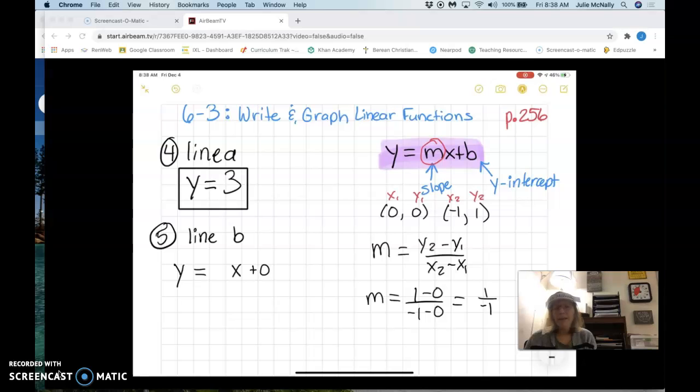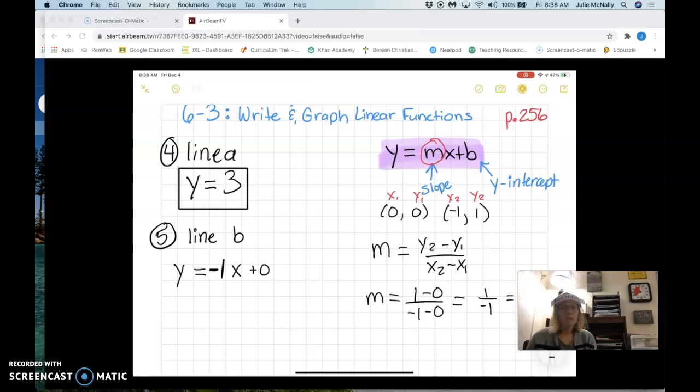But remember, our negative always has to be on top when we are doing slope. And we can divide that out to just equal a negative 1. So we're going to write the slope as negative 1x plus 0.